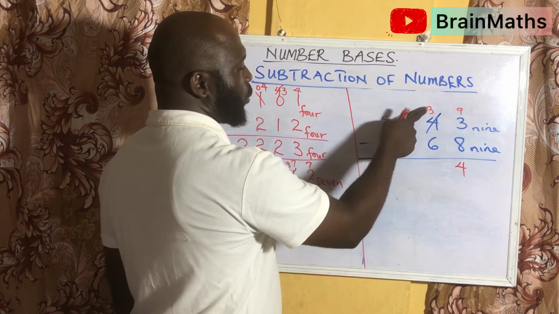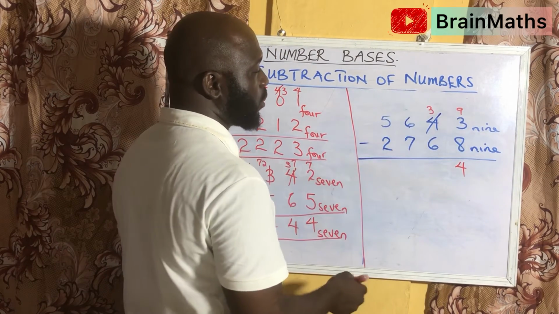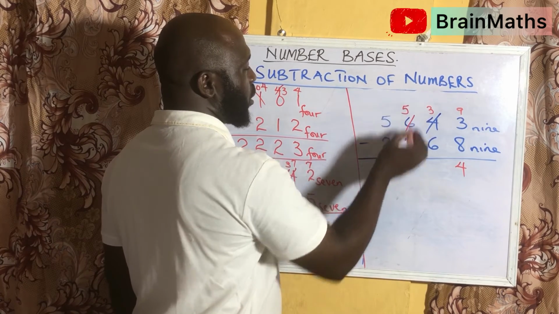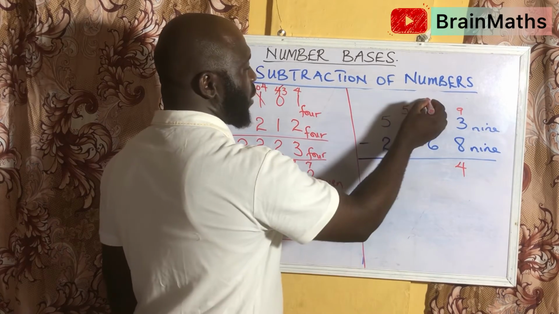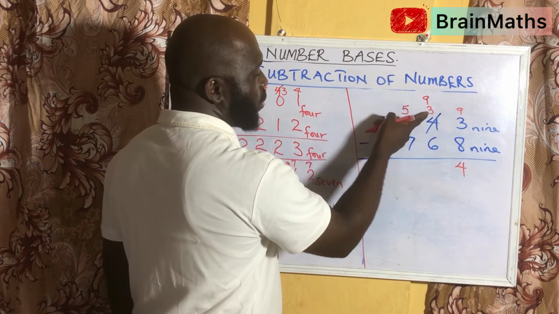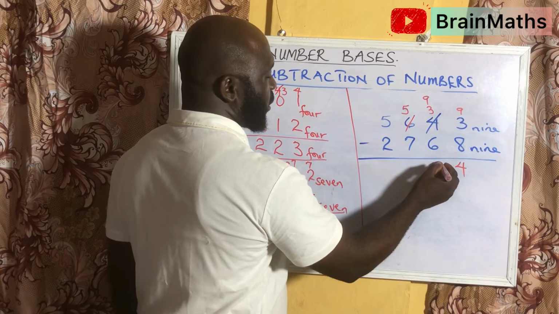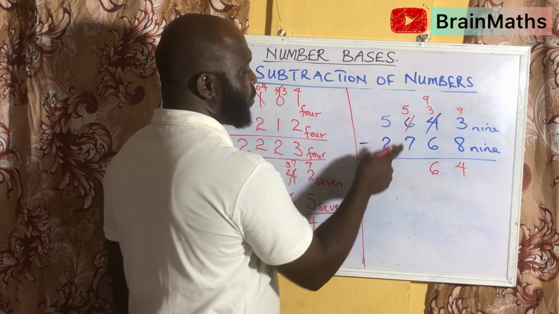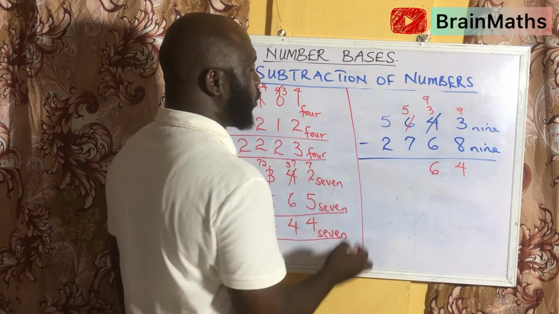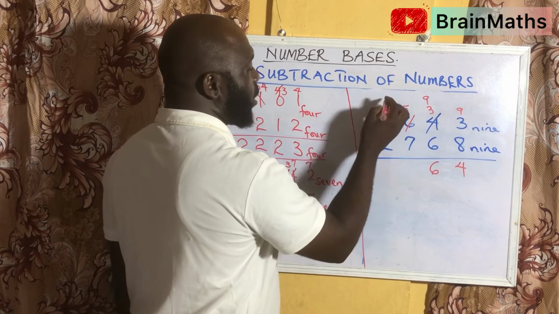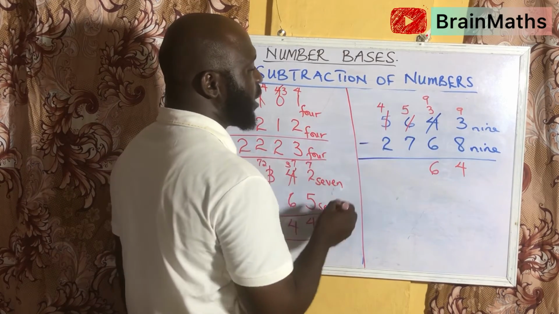So we come to 3 minus 6. That is impossible. We'll come to another 6 to take 1. This remains 5. The 1 we have taken is 9. 9 plus 3 gives 12. 12 minus 6, that is 6. 5 minus 7 is impossible. Let's come to 5 on the other side. We take 1 from there, and that is remaining 4.